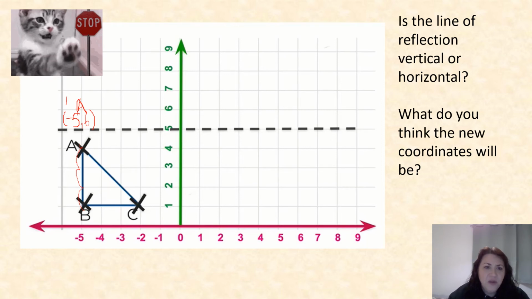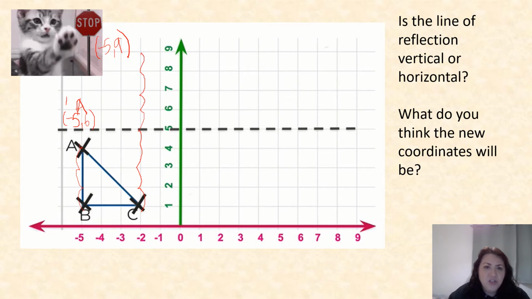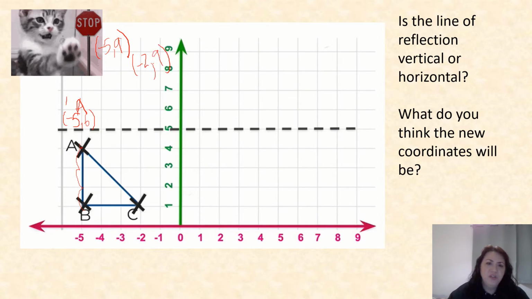It's 9, isn't it? -5, 9. Sorry, pussycat. Right, and C would be 1, 2, 3, 4 away. It would be there, which is -2, 9. So it's going to be there. Okay, so those are our new coordinates.